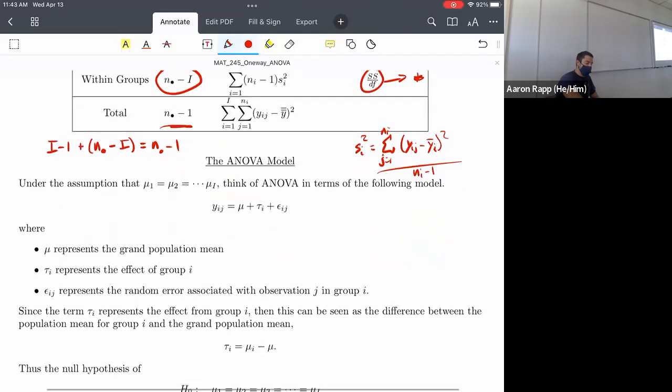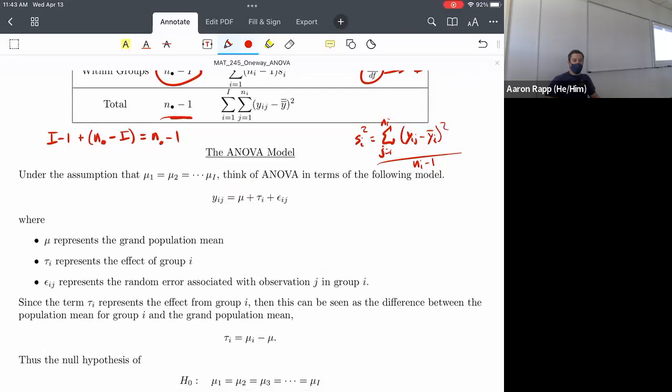Because what the analysis of variance model is essentially saying is that, okay, when we're looking at each observation, under that assumption that all of my population means for each group are the same, that null hypothesis, I can just call that a grand population mean, which I just represent as mu.